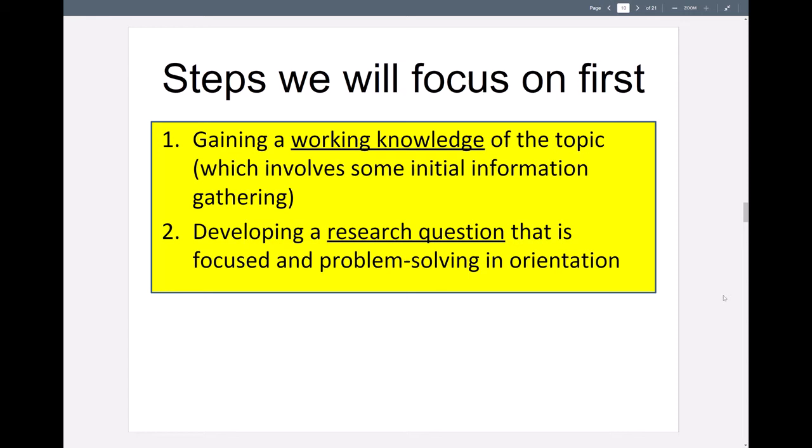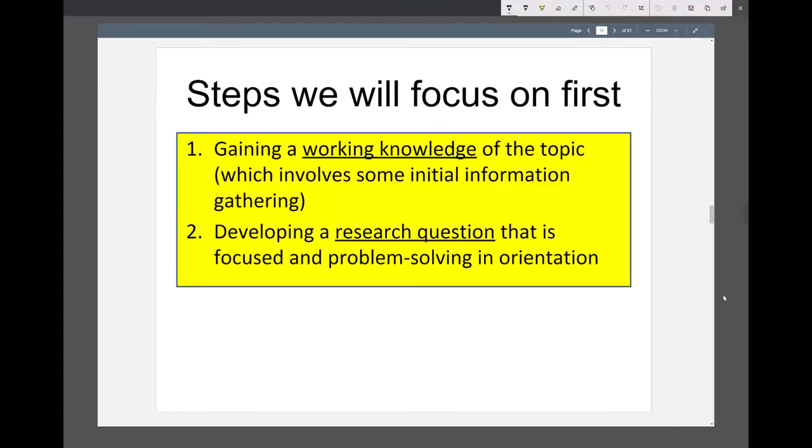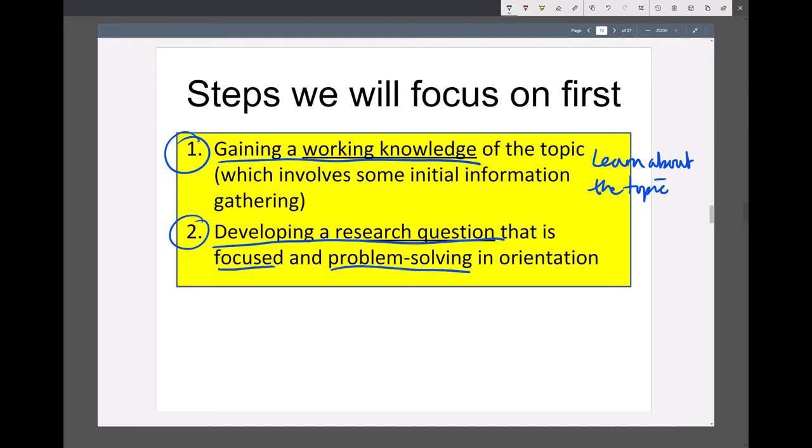So to review, there are 2 steps we want to focus on when we want to develop our research question and do research. Our 2 steps are: 1. Develop a working knowledge of the topic. So learn about the topic first. And 2. Develop a research question that is focused and problem solving in orientation.